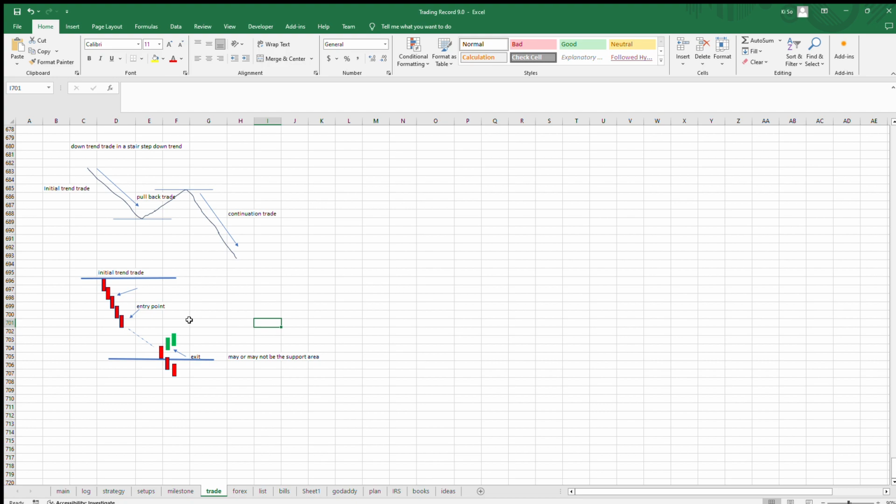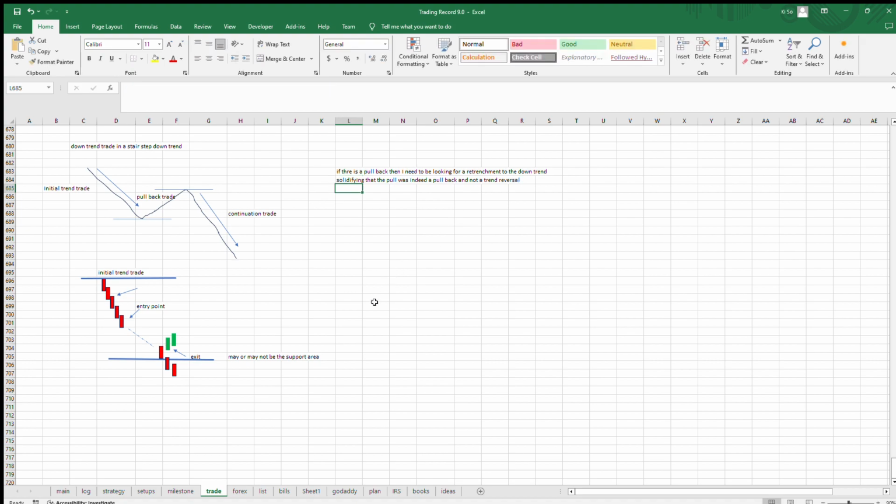So what I should be doing is, if there is a pullback, then I need to be looking for a retracement to the downtrend, solidifying that the pullback was indeed a pullback and not a trend reversal.